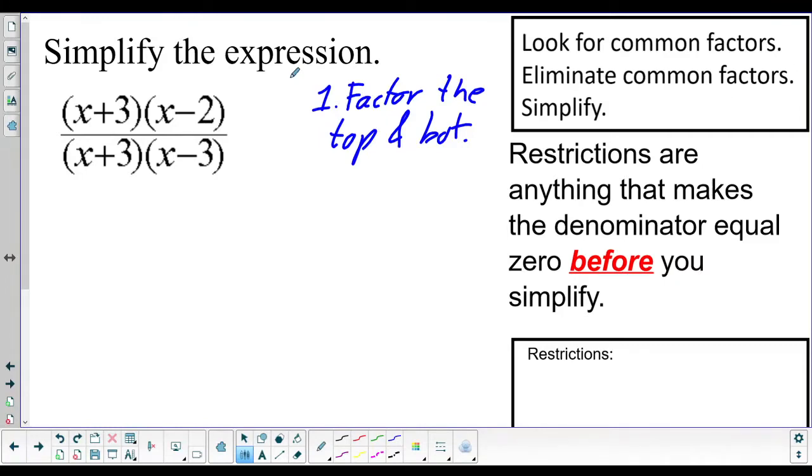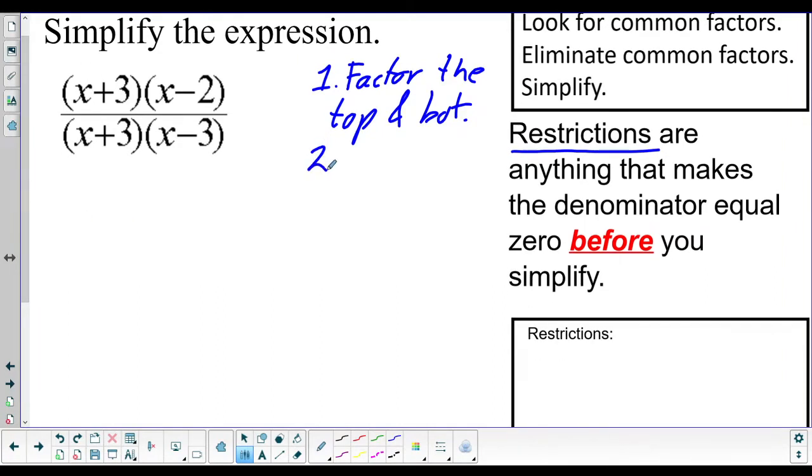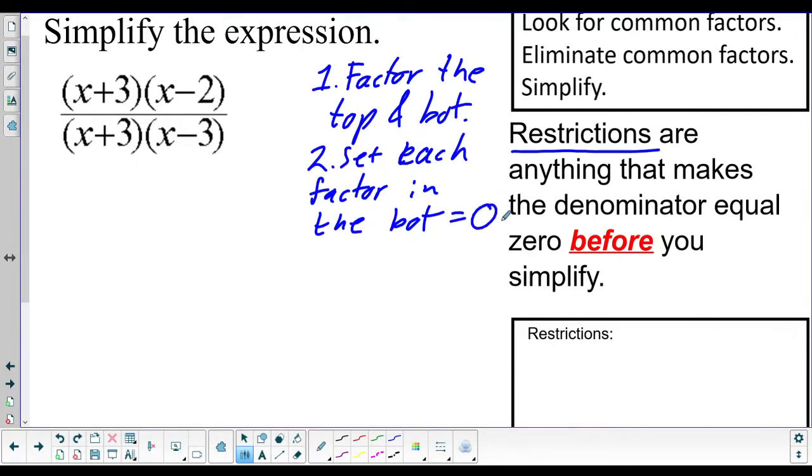Okay. So now we need to do step 2, which is find our restrictions. So step 2, set, hang on, let's rephrase this. Each factor in the bottom equal to 0 and solve for x.